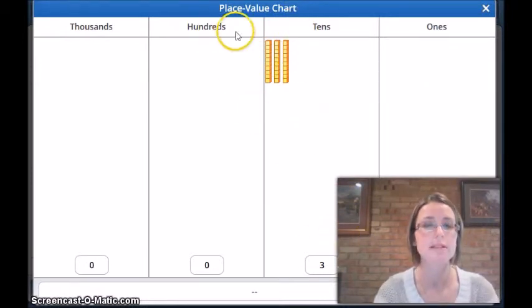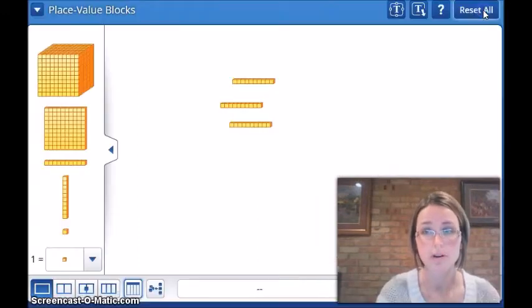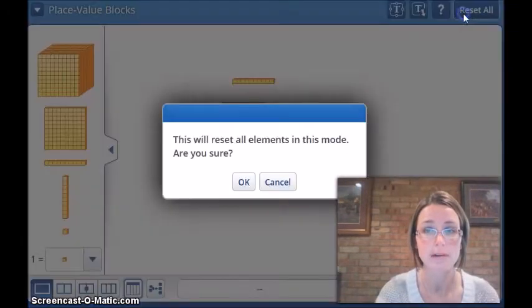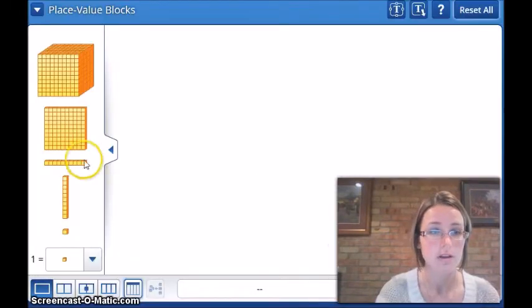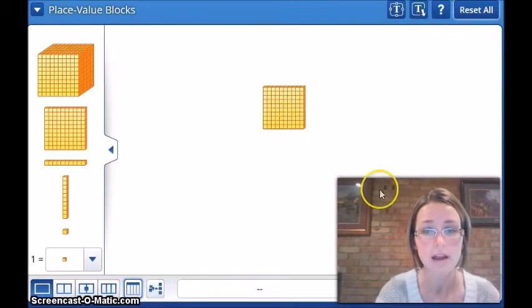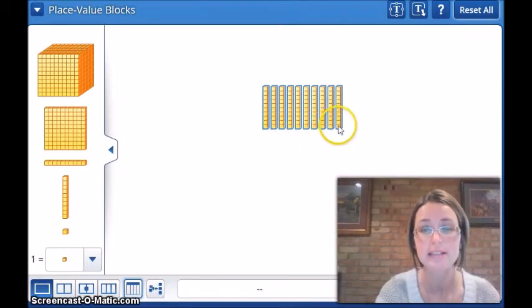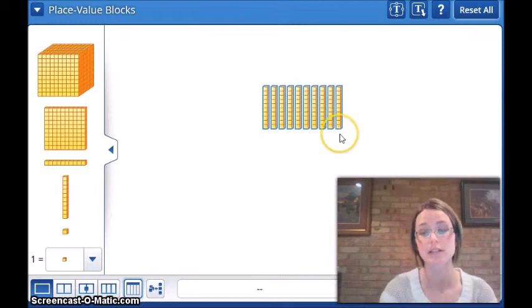The next place value is the hundreds. So let's find out how many units are in 100. This is called a 100 square. We can drag it over, and if we were to break it apart, let's see how many 10 sticks we have. We have 1, 2, 3, 4, 5, 6, 7, 8, 9, 10. We have 10 sticks.